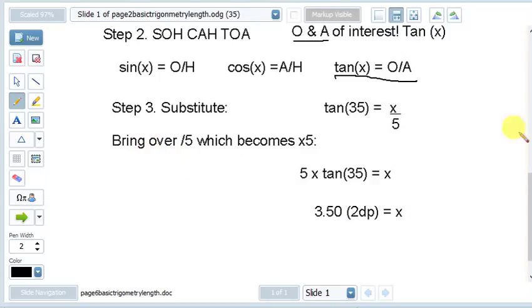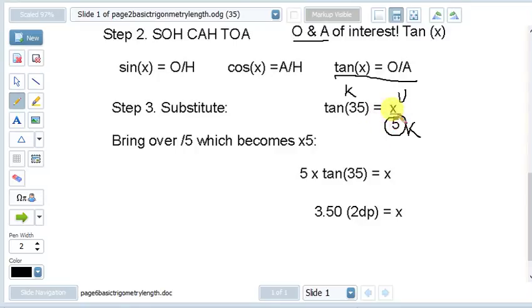Next we're trying to get unknowns on one side and knowns on the other, and if we put tan of 35 into a calculator, we'll notice that that is actually a number, so that is a known. The x is obviously an unknown and the 5 is a known.